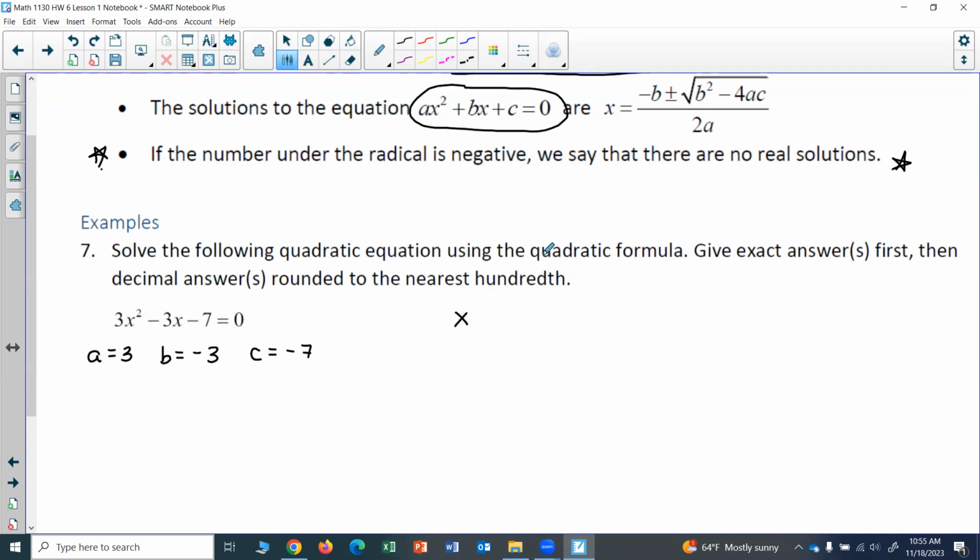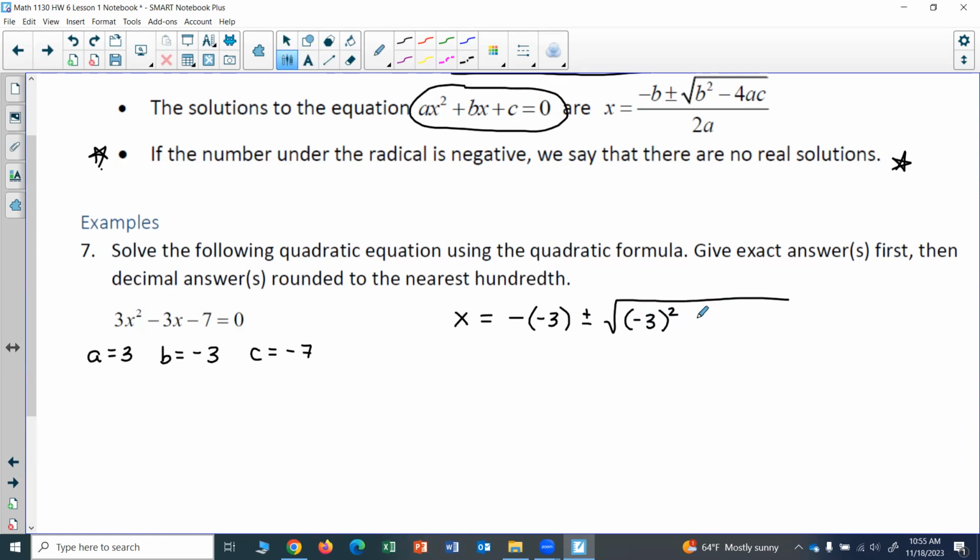So now I'm using this formula up here. x equals negative b. So I'll have negative, b is a negative 3, so I have negative 3 plus or minus the square root. I want to make sure I put the negative 3 in parentheses because a negative number squared will give me a positive, but only if I have that negative inside of parentheses with the base.